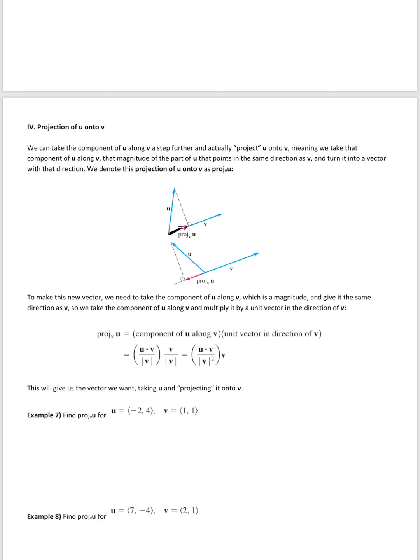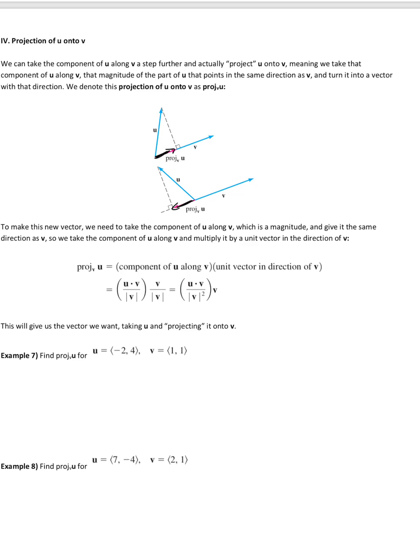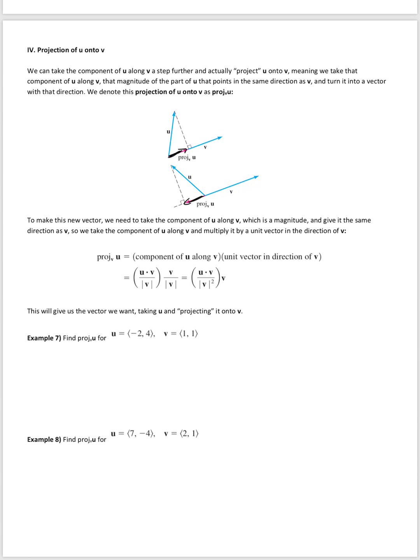That same piece that we were talking about for the component, but now it's an actual vector. It has direction. So I still need the component of u along v, but I also need a vector to give it direction. I need a unit vector that points in the same direction as vector v.